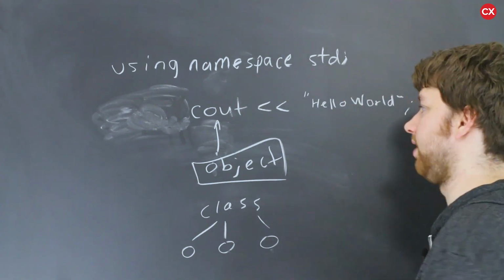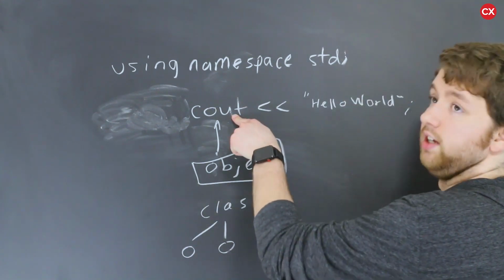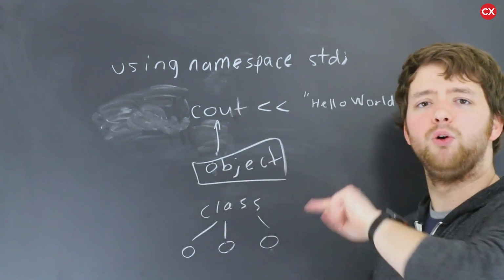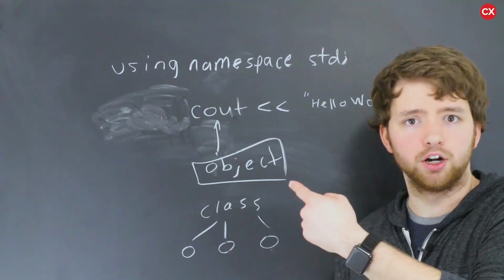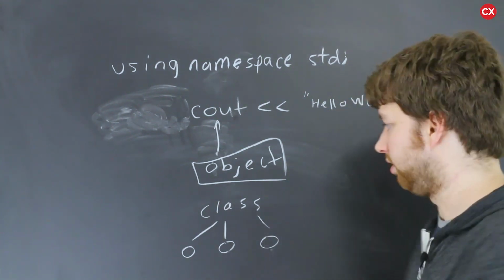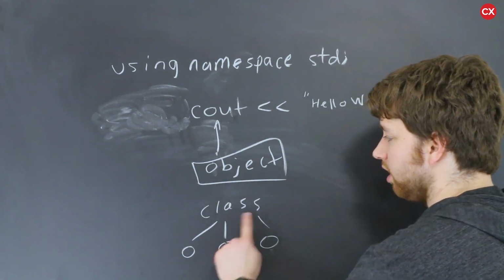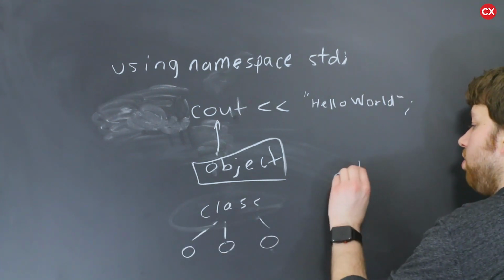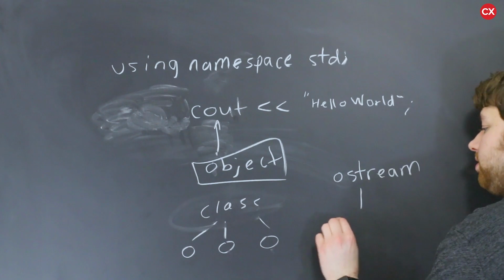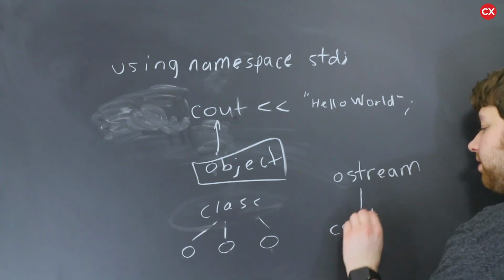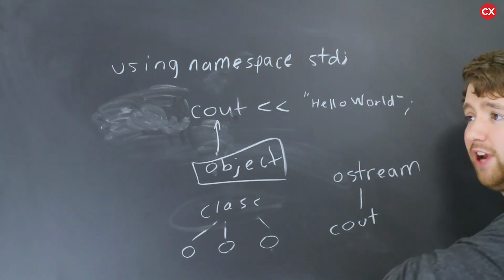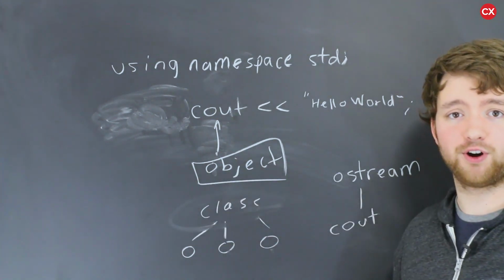I like to just think of it as cout is a cookie. So if cout is a cookie, what is the cookie cutter for cout? Cout would be down here. What's up here? Well, it's actually an instance of ostream. So cout was birthed from ostream. So ostream is capable of creating unlimited cookies for all.